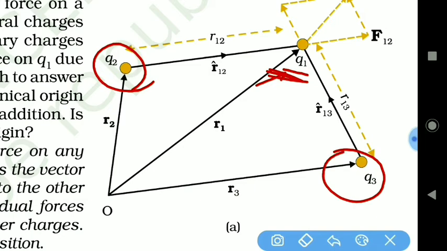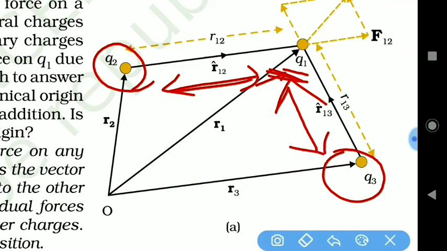So first we will find the force between charge Q1 and Q2, and then the force between charge Q1 and Q3, and then we will add them by using vector addition.